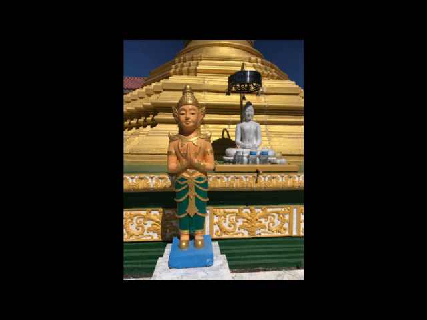Rasa, taste. Phoṭṭhabba, tangibility, the one we can touch. Tangibility has only 3 elements. We have 4 great essential elements, and among them just 3 are called tangibility, phoṭṭhabba, what we can touch.